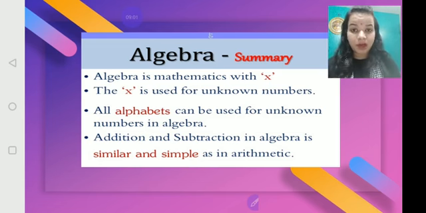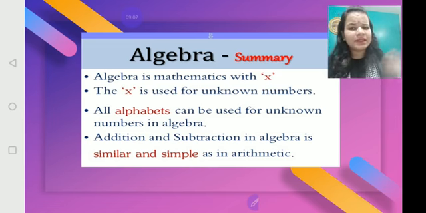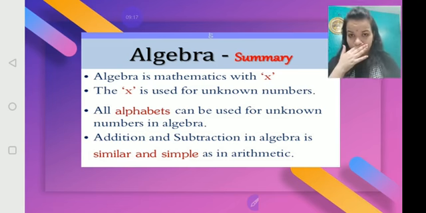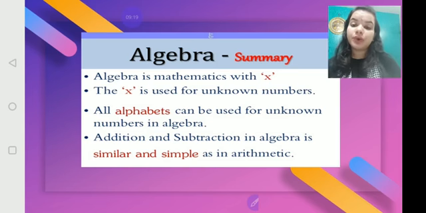Similarly, in algebra, in place of x you can use any alphabet of your own choice. It can be A, B till Z, any alphabet. Okay. Addition and subtraction in algebra is similar and simple as in arithmetic. The addition and subtraction thing is the same as you were doing in your arithmetic problems. Okay, children?